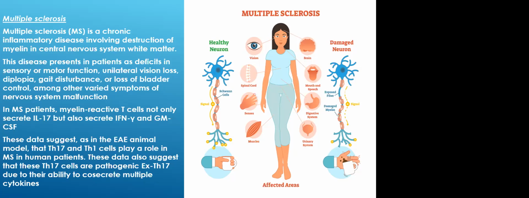And it leads to unilateral vision loss, diplopia, because of weakness of the neurons that move the eyes, right? It leads to damage of the myelin sheath centrally, in the central nervous system, not the peripheral. So it leads to gait disturbance, loss of bladder control, right? Among other various symptoms of nervous system malfunction.